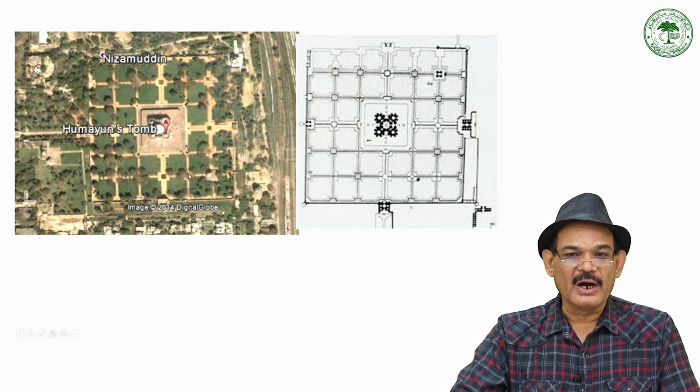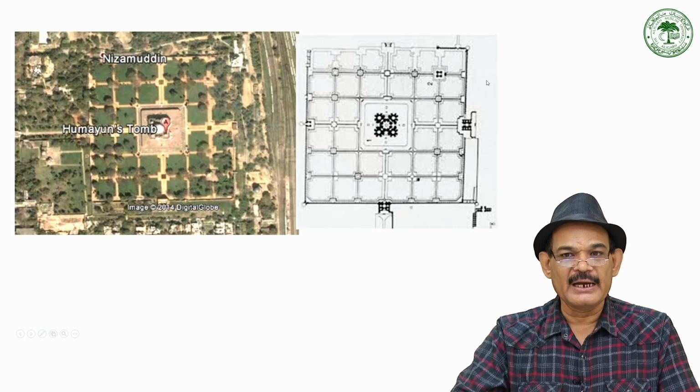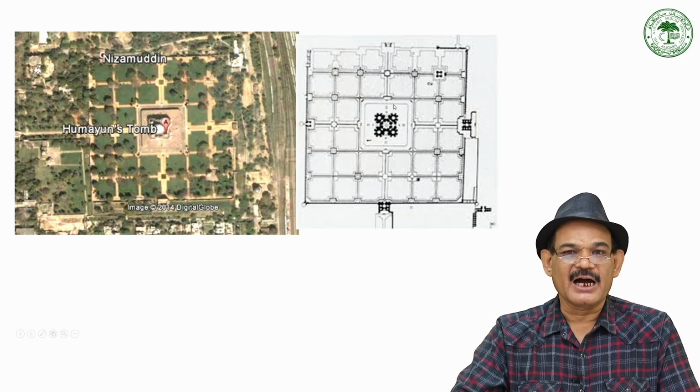And one thing is quite clear: on two sides this garden is enclosed by a boundary wall. At the corners, this charbagh has a basin type of structure.